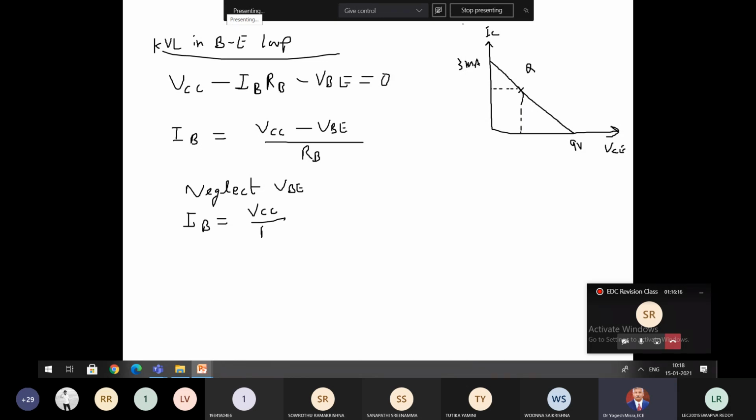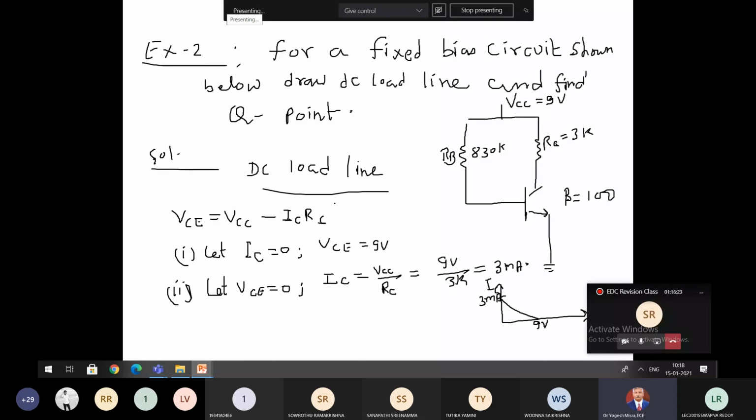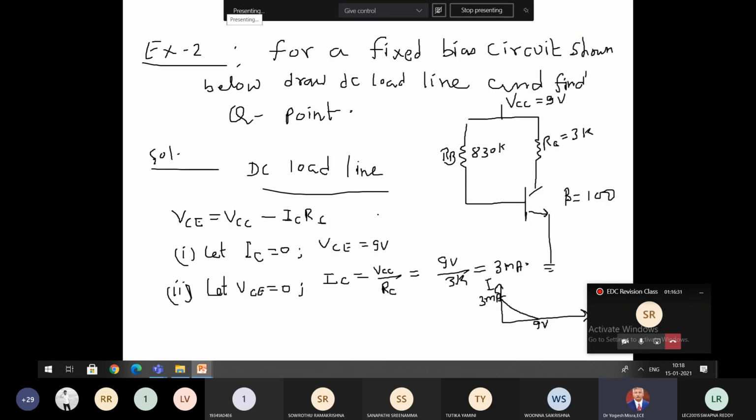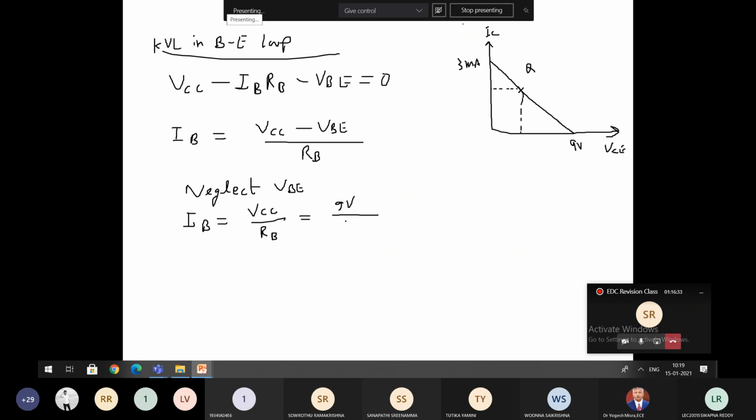So IB will be VCC by RB. So you put these values. VCC is your 9 volt divided by RB. RB is 830K.